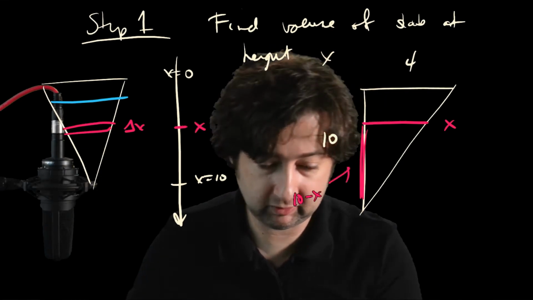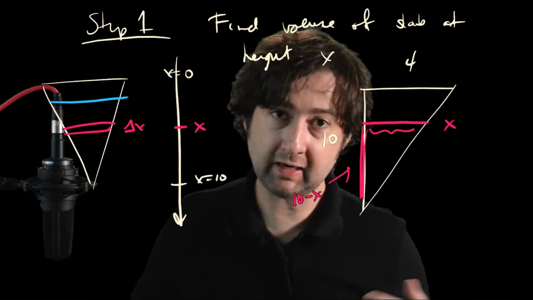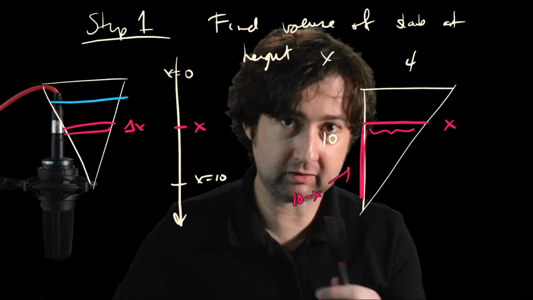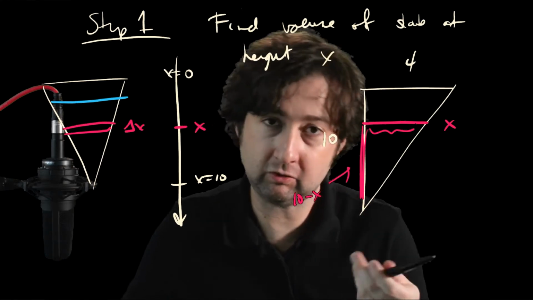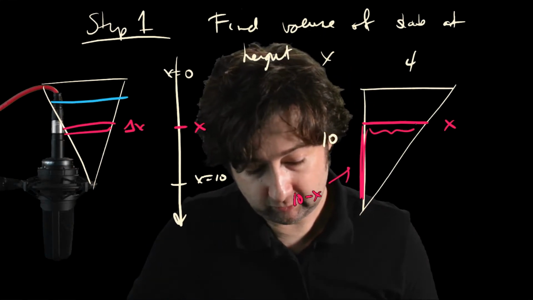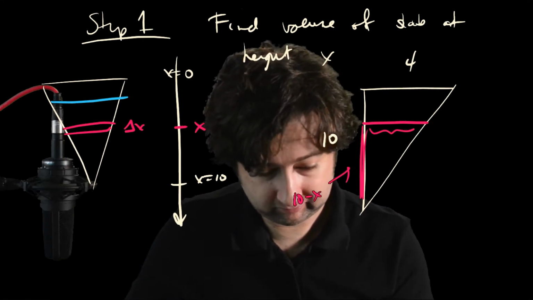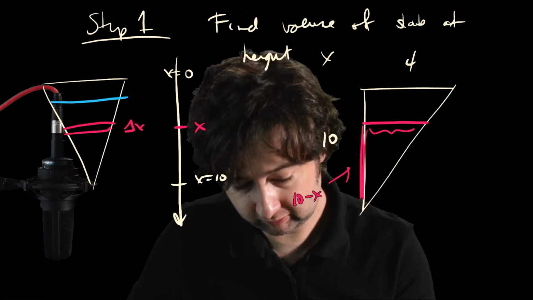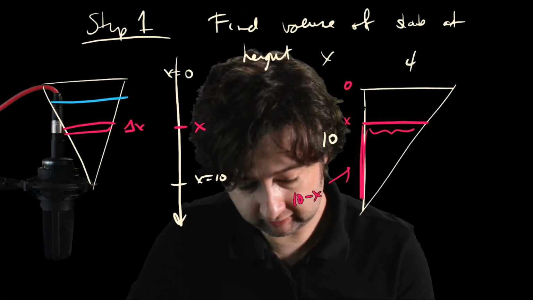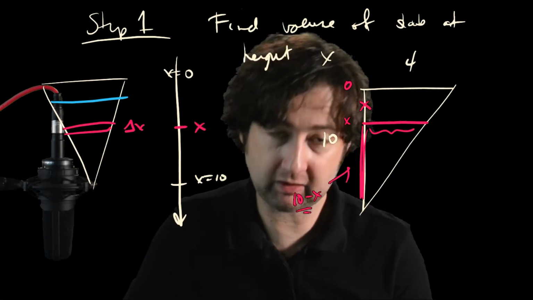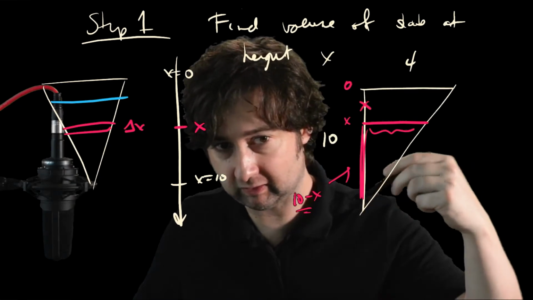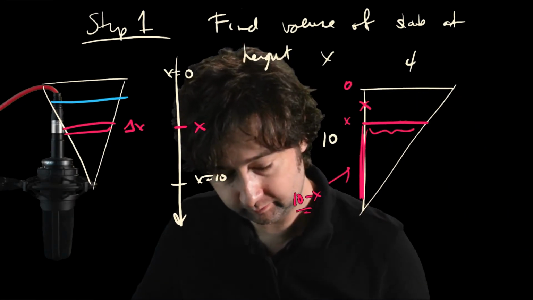And what I really want to know is this length, because that's the radius of this thing, right? So the radius of the circle would tell me its area, and then I could use that to find the volume. So if this is 0, then this length is x, and this length is 10 minus x, because x and 10 minus x together make the whole length, which is 10.